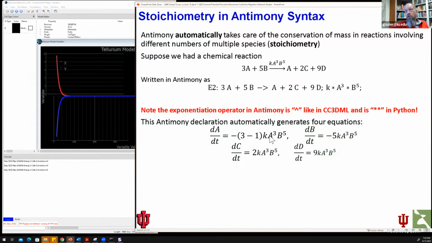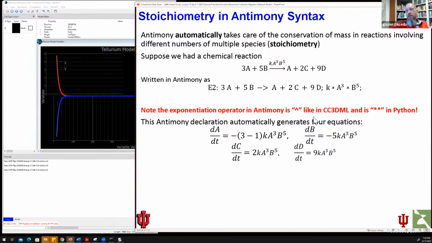And that will automatically generate a rate equation for each species, A, B, C, and D. And it will automatically take care of the fact that there are 3 disappearing here, 1 being created here, 5 disappearing here, 2 being created there, 9 being created there. And so for chemical reactions, no matter how complicated they are, Antimony is extremely convenient.